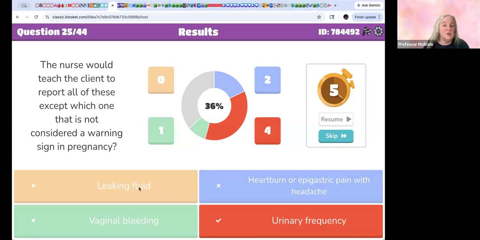Leaking fluid could be rupturing membranes too soon. It could be something related to preterm labor. Vaginal bleeding, we're going to learn more about placenta previa and placental abruption, but those would be concerning. So these are all things we would want her to report to us if she was experiencing them.